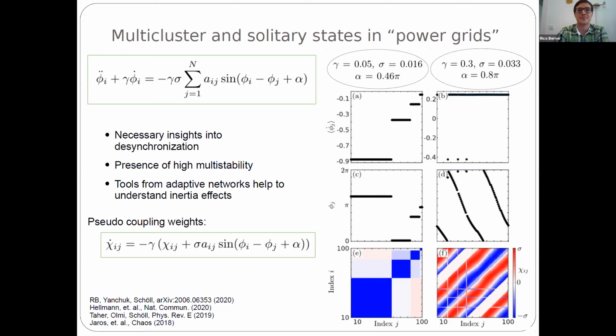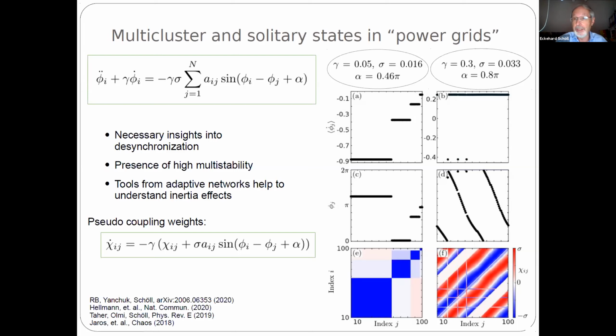Yes, that's true. If I may jump in and add, I also think that the solitary states are more easily controllable. We have in fact published a paper, which Rico has cited, with Halgut Taher and Simona Olmi, where we showed that these solitary states can be quite easily controlled by time-delayed feedback.